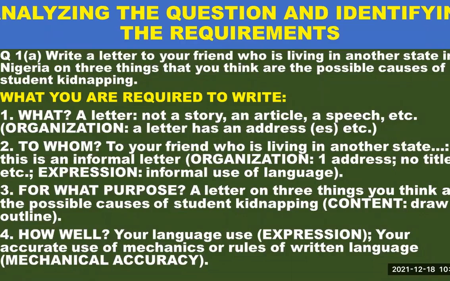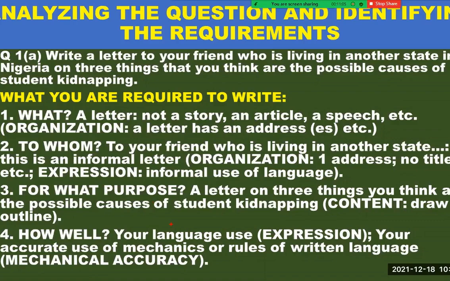Now back to our analysis. We have already identified the purpose of the letter, and then we have drawn an outline. We have identified 3 points, 3 things that we are going to discuss as possible causes of student kidnapping.